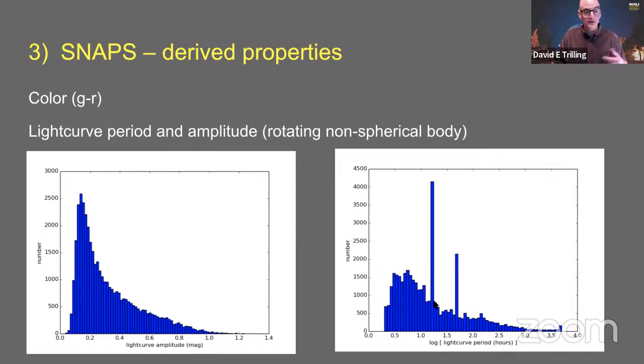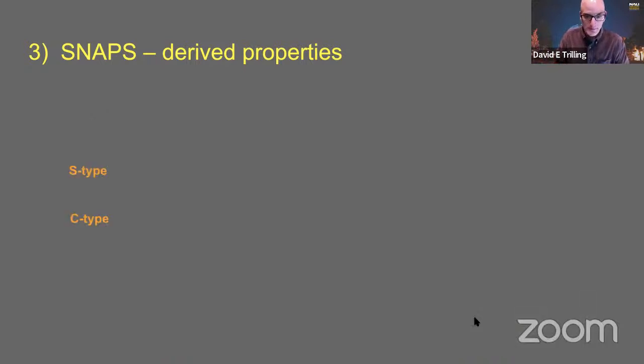We're being confused by an alias. We've been developing techniques to remove those aliases, and I think we know how to do it, but I'm not showing those results yet, so don't be confused. There's not really this many asteroids with 24-hour periods, but there are probably this many asteroids, because you can interpolate this curve and see what the distribution should be.